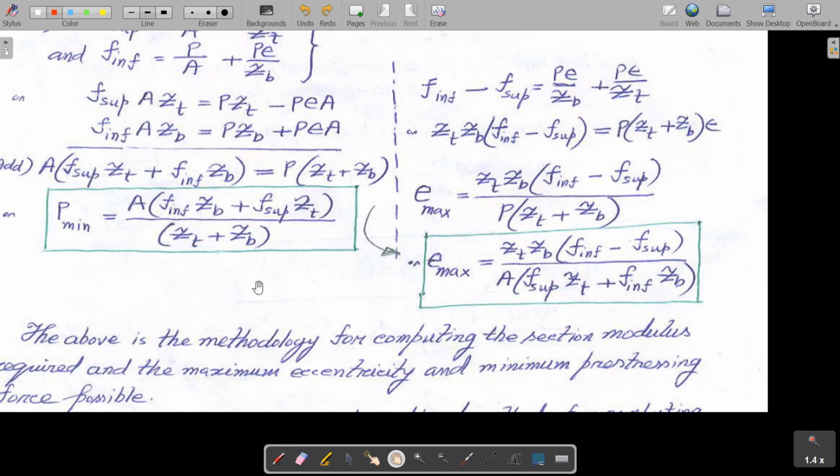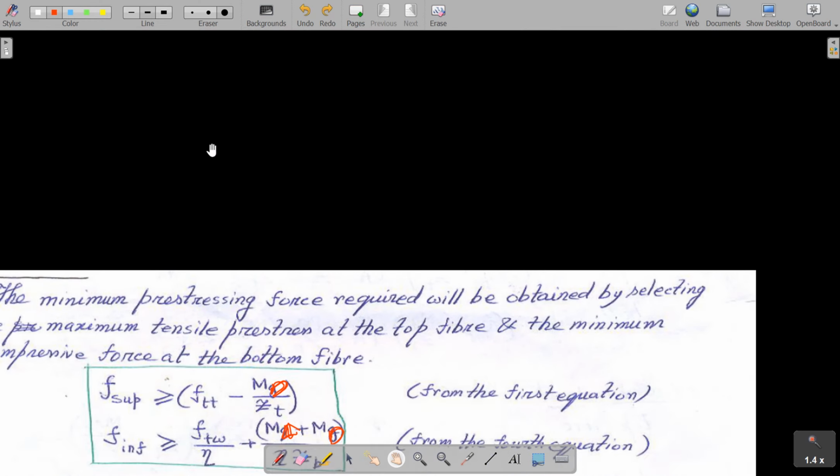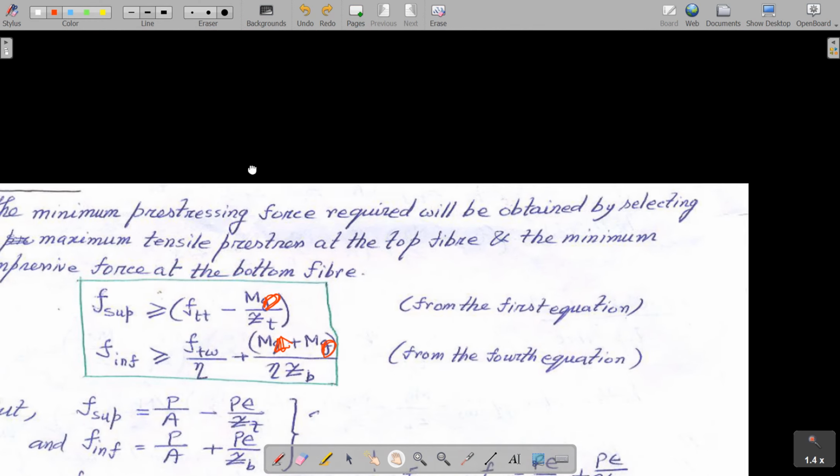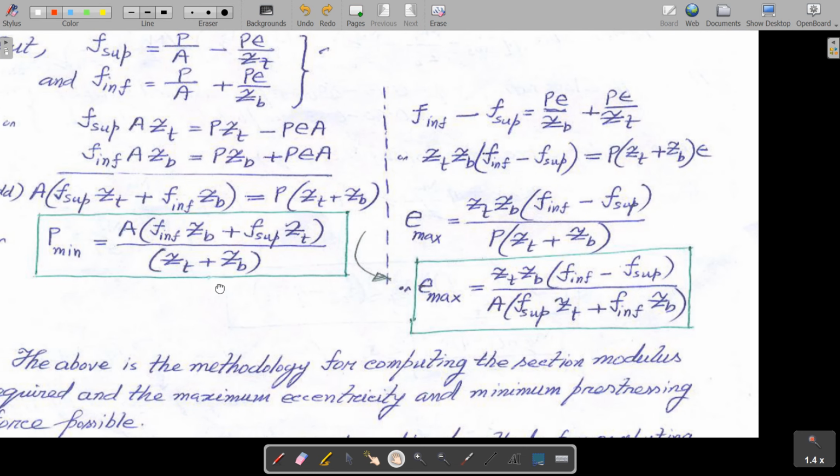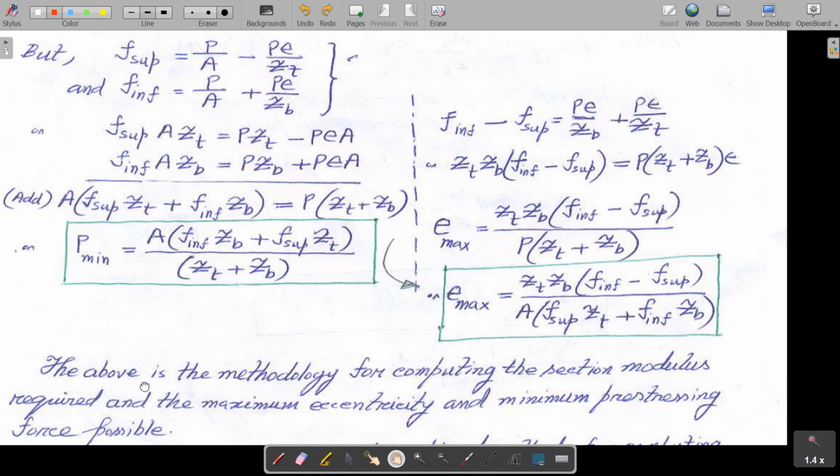The above methodology is used for computing the required section modulus, and the minimum and maximum eccentricity are found using this method. I hope you are clear with this. Read some standard textbooks for more idea, or you can ask me. Thank you.